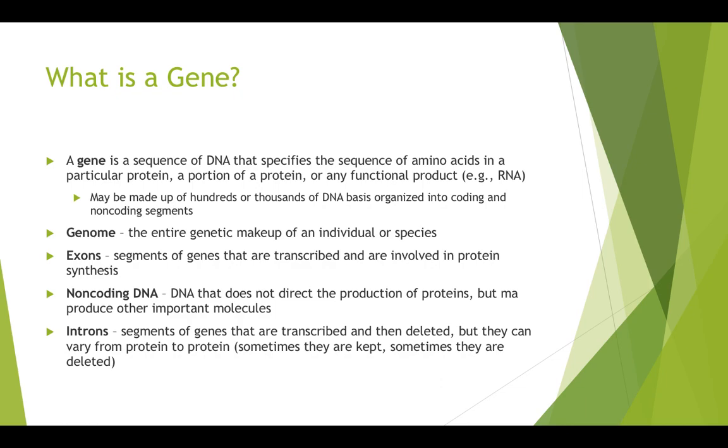Introns used to be considered synonymous with non-coding DNA, but introns are segments of genes that are transcribed and then deleted. They can vary from protein to protein. So if the same gene is involved in the production of multiple proteins, sometimes that particular segment that's copied may be an intron, that is, it's deleted in the process of translation. But for other proteins, that segment of DNA may be kept as an exon.